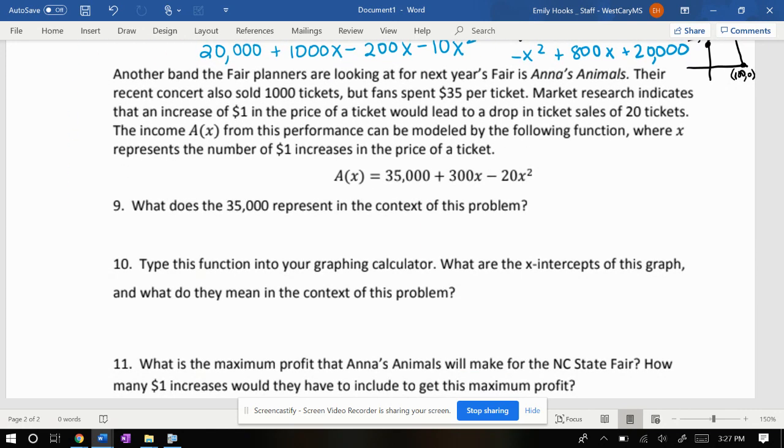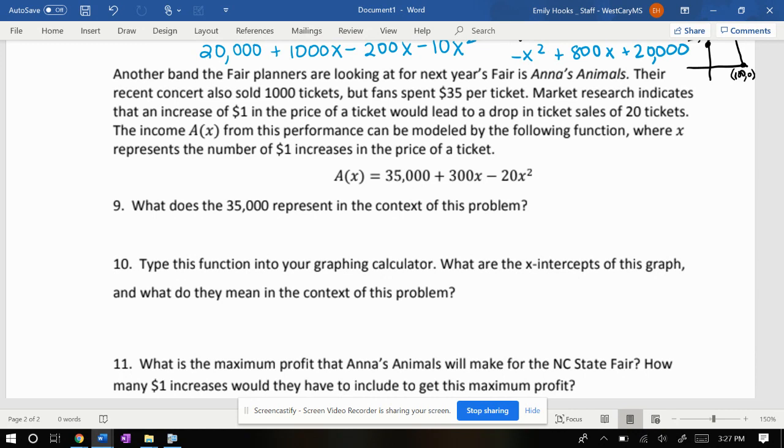Then a different band is potentially playing at the fair. Another band that the fair planners are looking for next year is Anna's Animals. Their recent concert also sold 1,000 tickets, but fans spent $35 a ticket. Market research indicates that a dollar increase in the ticket price would lead to a drop in ticket sales of 20 tickets.